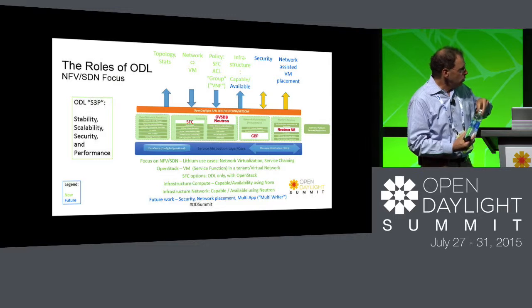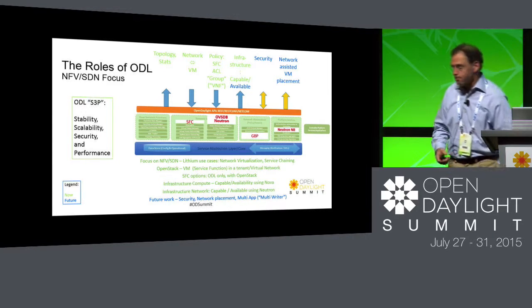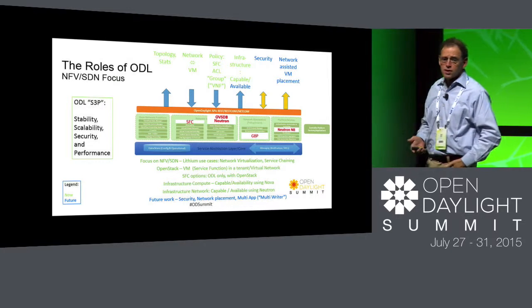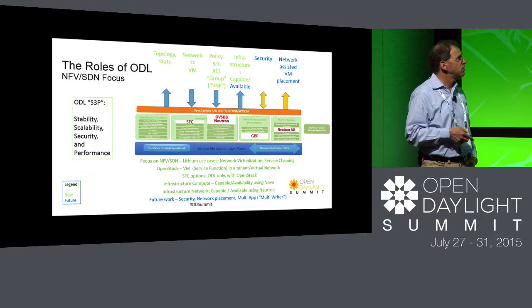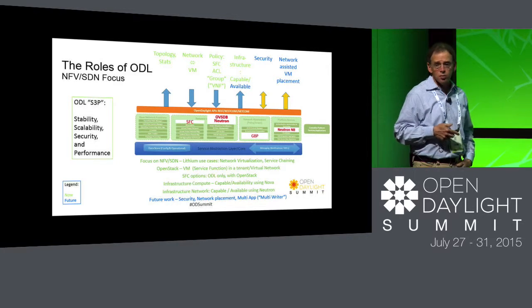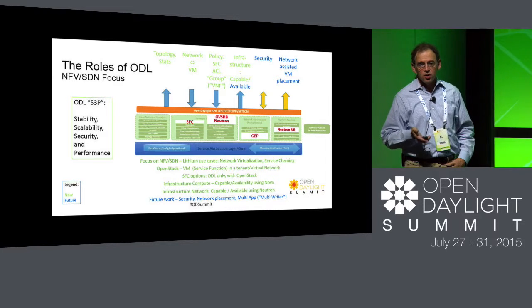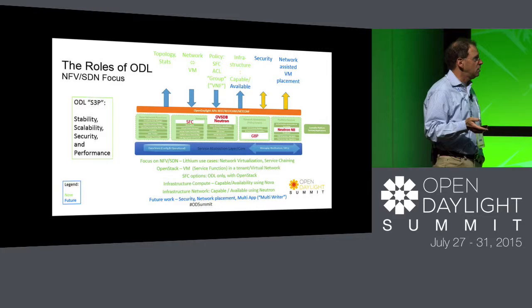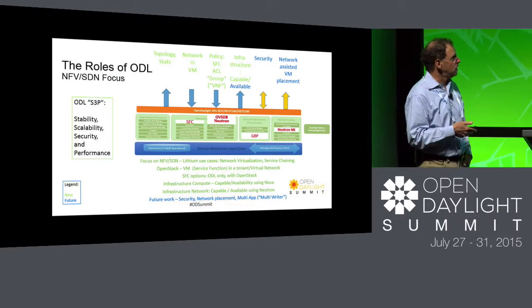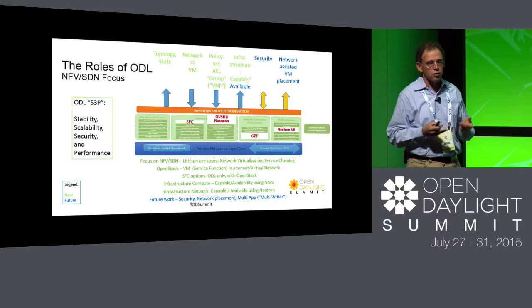OK. So with that in mind, I also want to bring to your attention some work that the ODL community has been doing since the last release. And this has to do with the concept of S3P. I think that at this point, it is fair to say, and please challenge any statement like that if you like, that we are, as a community, making good progress on those promises.